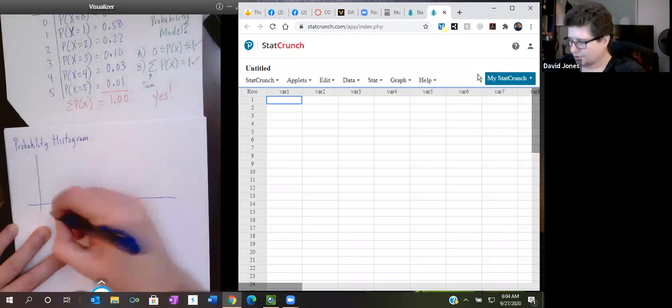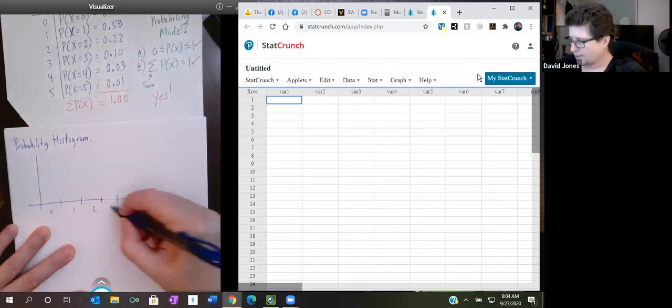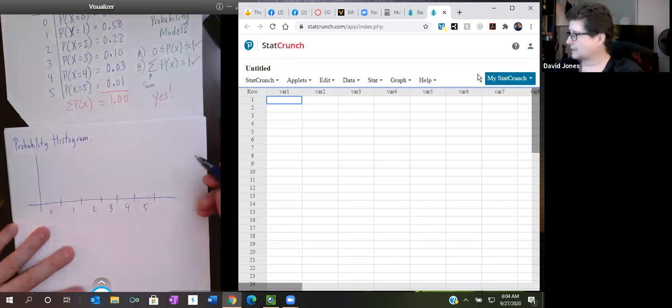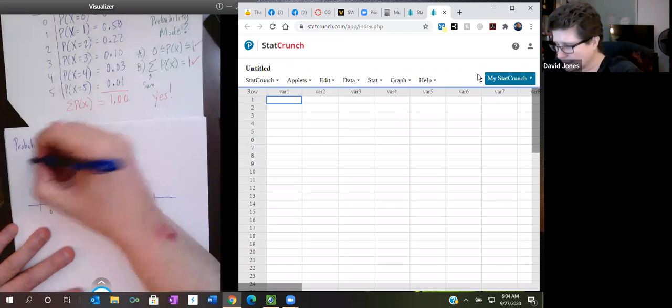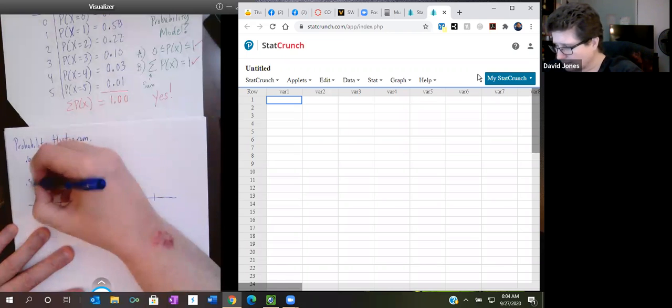We know the outcomes are 0, 1, 2, 3, 4, 5. And the largest probability is 0.58, so maybe let's make this go up to 0.6. 0.3 is halfway.